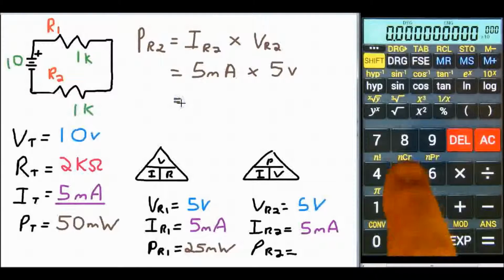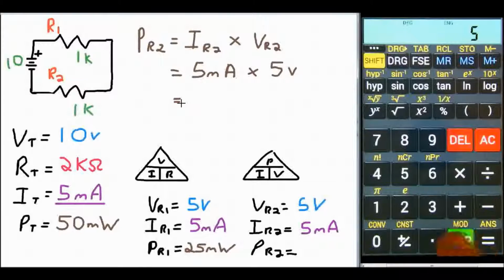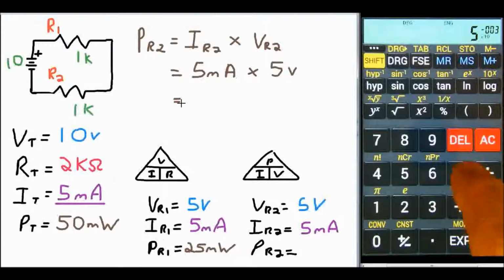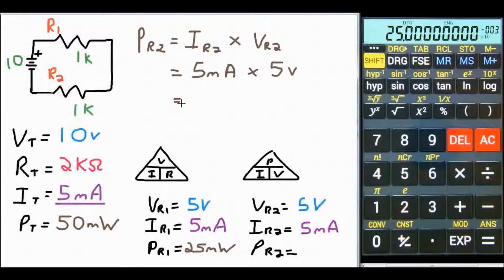So we have 5 exponent -3 for our milli times 5. And our answer is 25, and again it's 10 to the -3rd, so it's 25 milliwatts. So let's go ahead and put 25 milliwatts in our answer key.